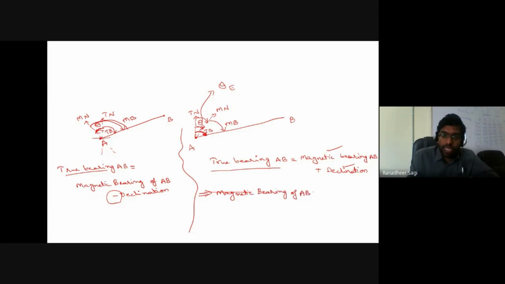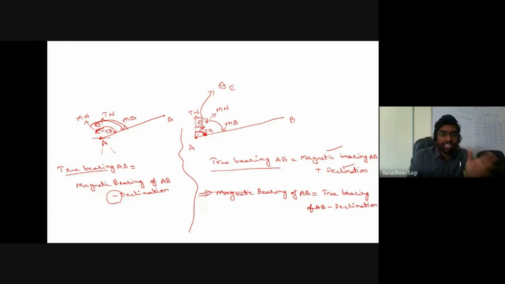Magnetic bearing of AB is equal to true bearing of AB, declination goes to the left, so minus declination. So when true bearing and declination are known, and the declination is towards east, how do we calculate the magnetic bearing of that line? It's the true bearing of that line minus the declination.